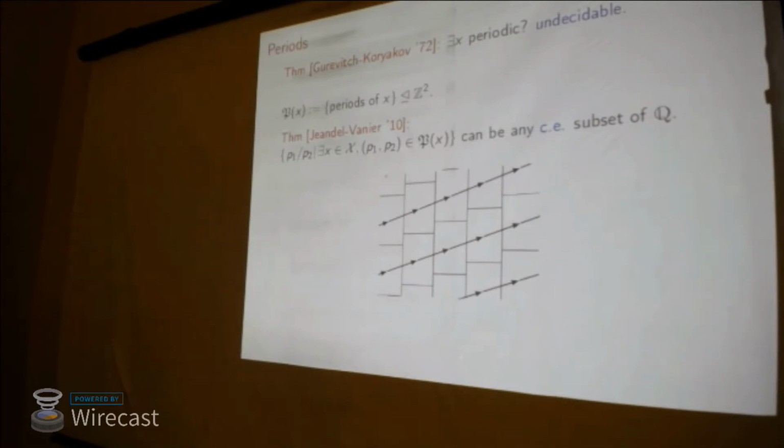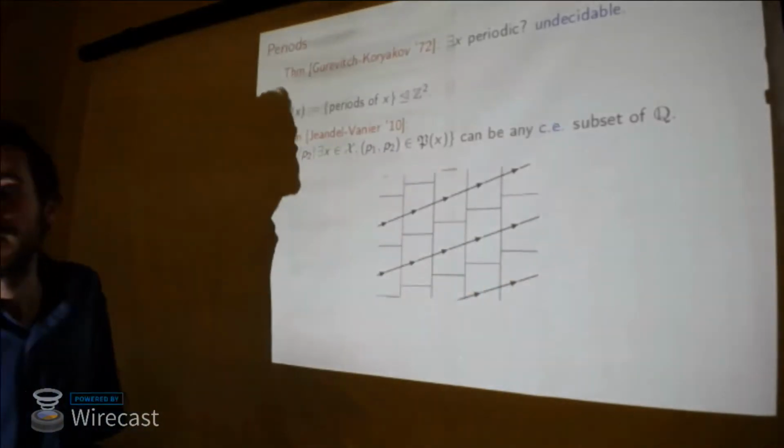But what is the set of all the ratios P1 divided by P2 if there is only one direction of period? Here I should add, sorry, maybe what should be true is that P1, P2 times Z equals the stabilizer of X, instead of 'is in'.